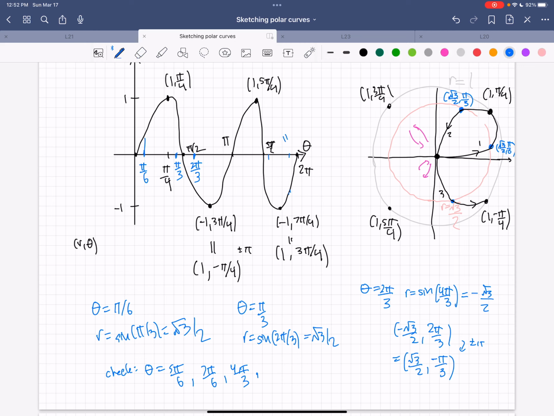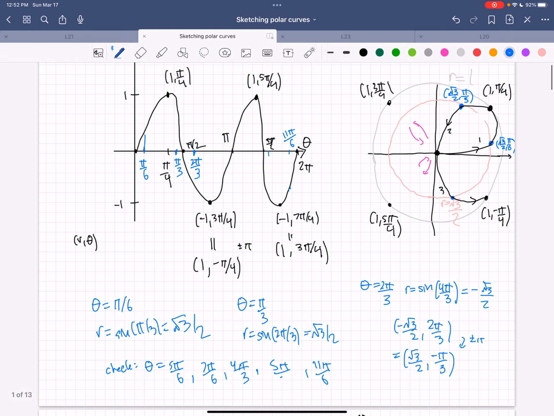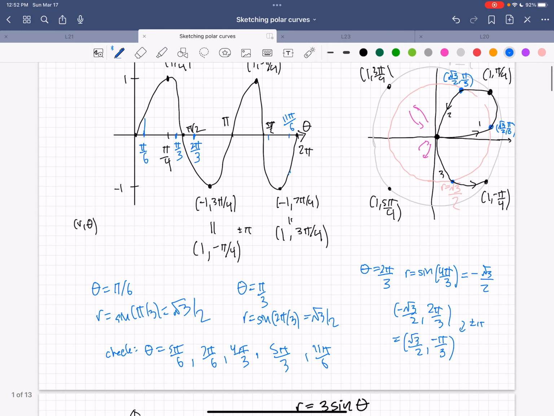So this is 11 pi over 6, so we'll have to do that one. It's just all the multiples of pi over 6. So 5 pi over 3. I guess that's all of them.